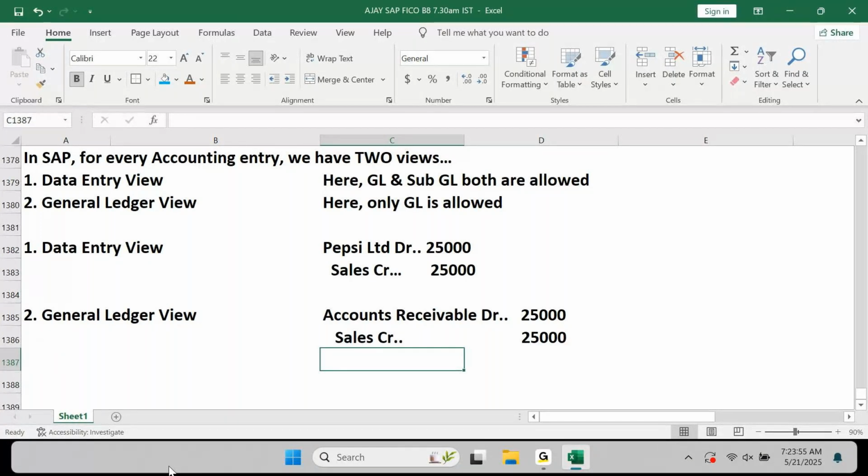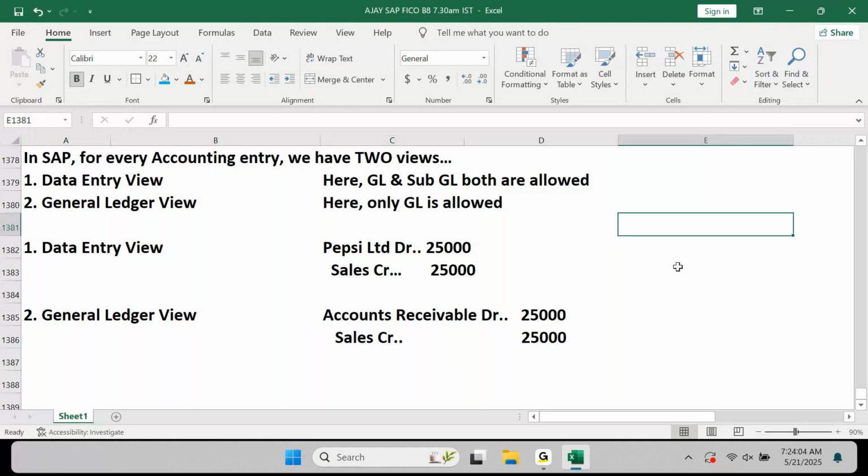Same accounting entry, but in SAP it displays in two ways. Why two ways? Because we need to prepare financial statements at the end of every month: TB, P&L, balance sheet. In TB, only GL is allowed or sub GL is also allowed?